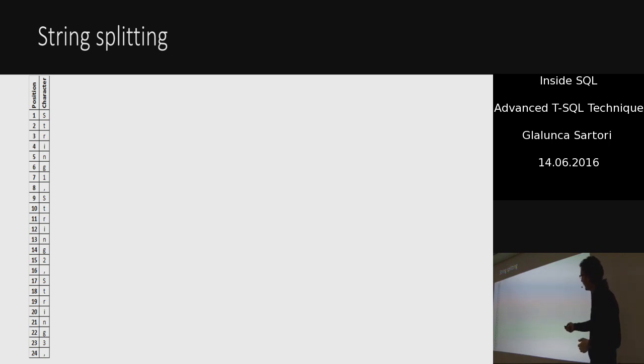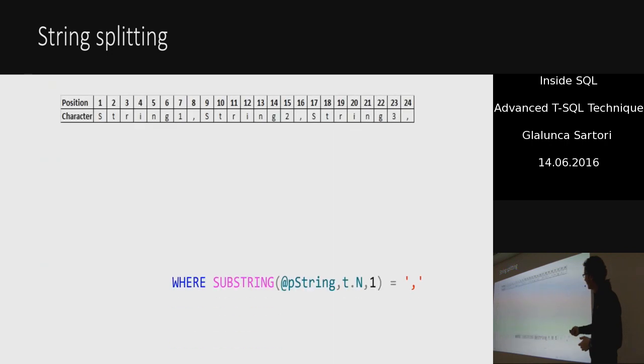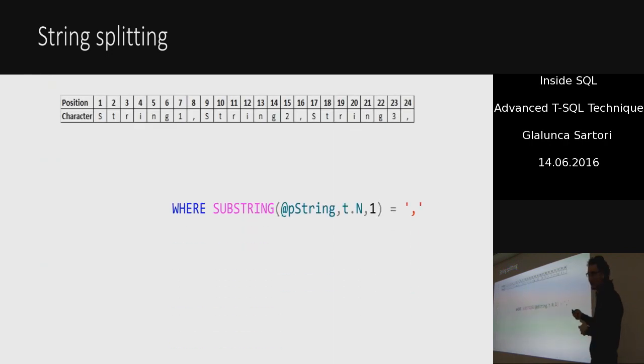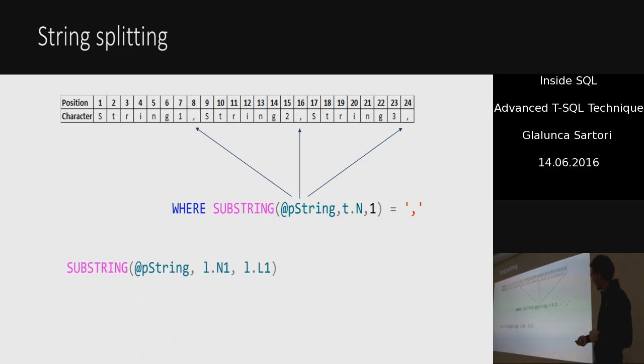So if you think of it this way, it's easy to understand how you can use a Tally table with numbers to identify the different pieces, the tokens in the string. So using the substring function, filtering for the comma, you identify these rows, and you just have to take these rows again in the substring to extract the tokens from the string.